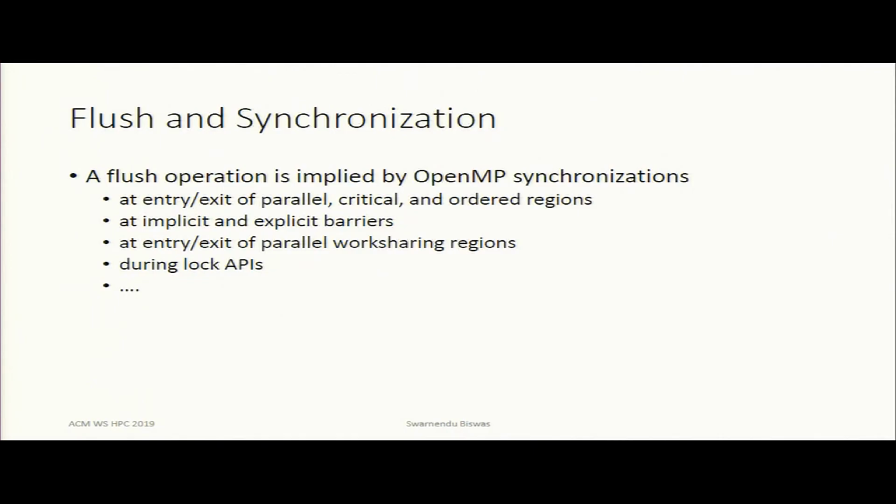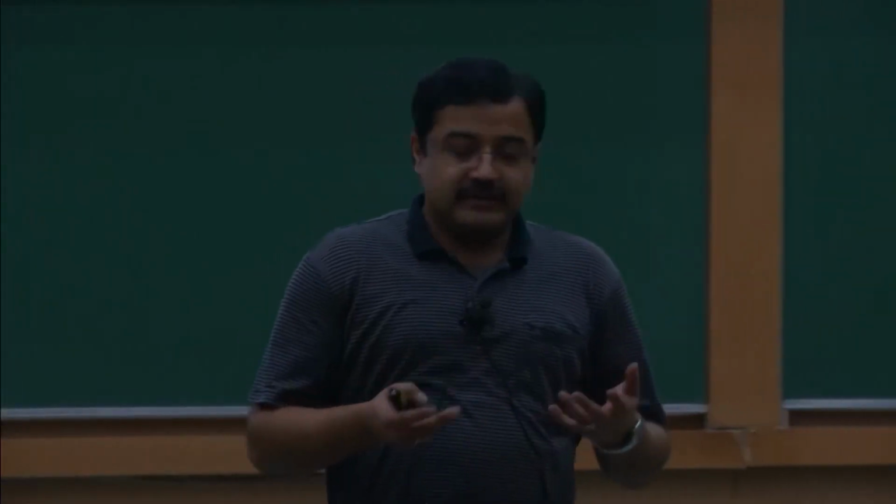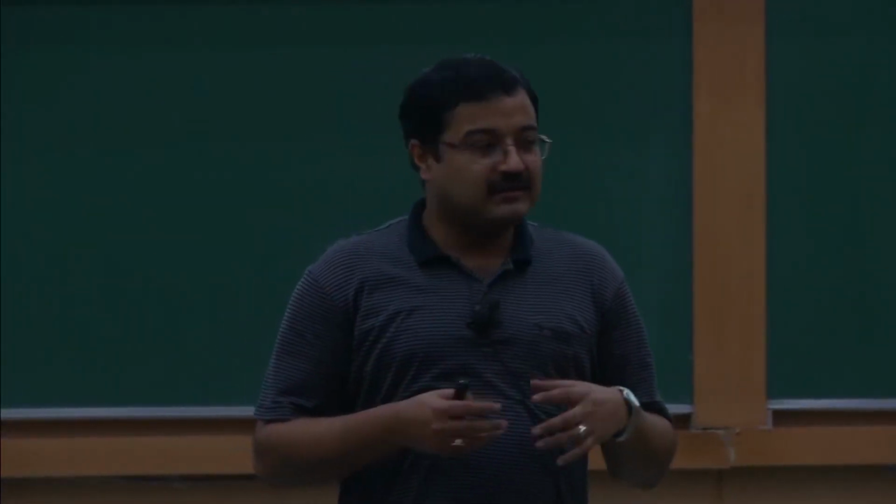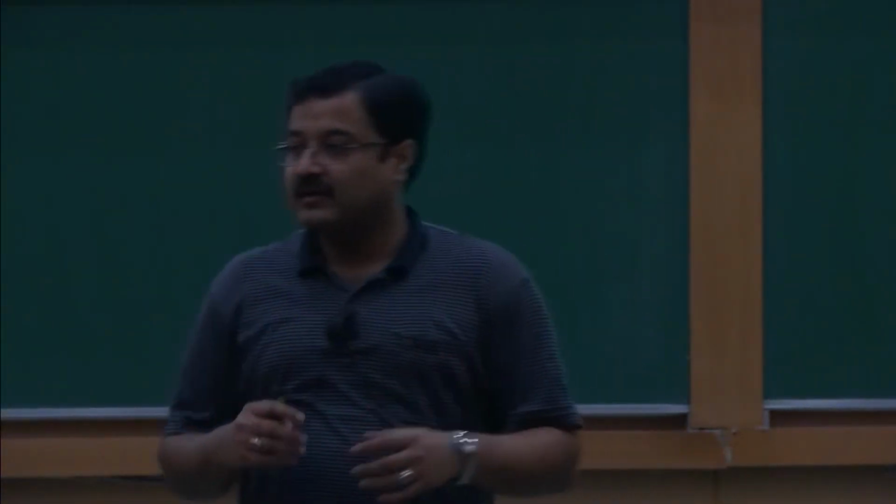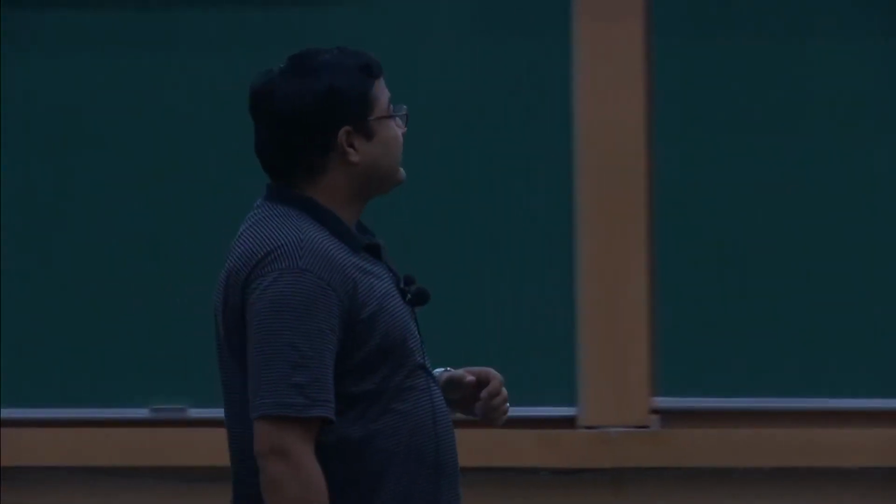If you have a critical section, you want to see the latest value, so you want a flush. You want to read whatever is the latest value, otherwise you will read wrong data. Similarly, there are other points where this is important. Again, as I told you, ideally you will not be expected to make use of flushes unless you are really into low-level or efficient OpenMP programming.